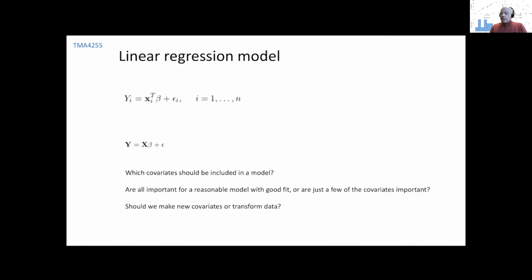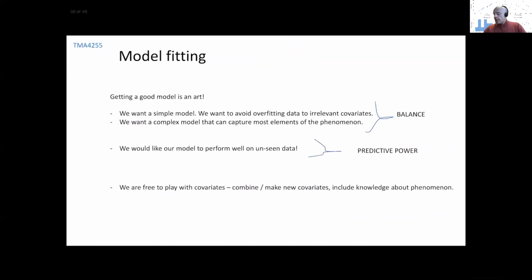So to do this kind of model fitting, we always want to strike a balance. We want a simple model with few covariates. The simplest is the mean, but maybe we can go a bit further than this. But we don't want too complex a model either, because if we have too much complexity, we might start to overfit to the data and go through the data points. That's not so good either.